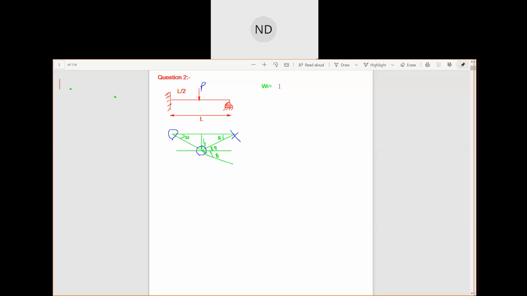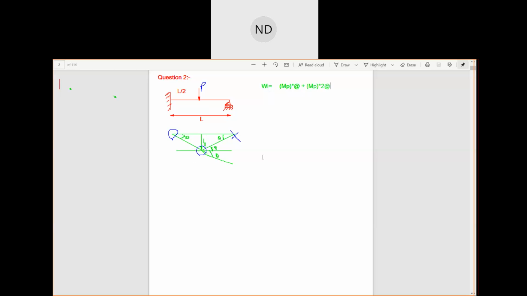So we have MP into theta, plus here we have a plastic hinge, so we will have again one MP into, in bracket, the rotation here, which is theta plus theta, that means 2 theta.